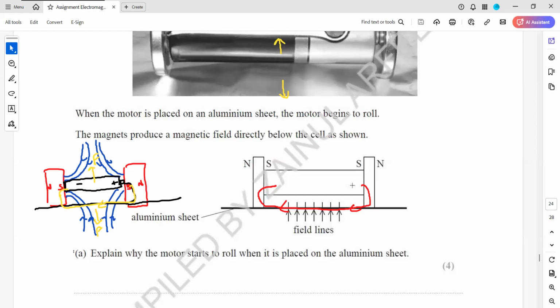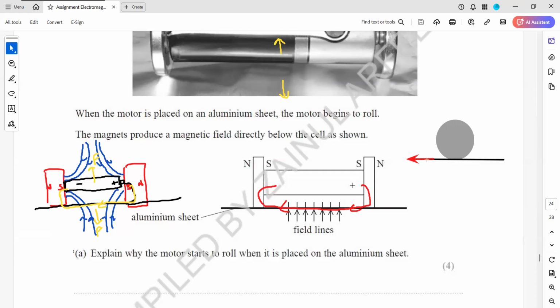So it's the same concept. If you look from the side, let's say this is the motor seen sideways, and it is placed on the aluminum. When there is a force on the sheet of aluminium because of the magnetic field, there will be a force according to Newton's third law. Forces act in pairs.